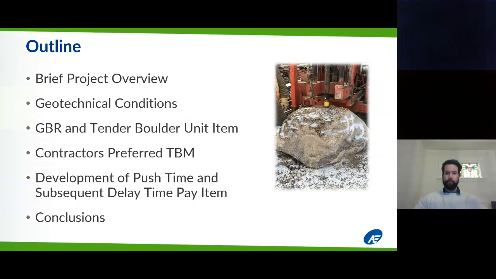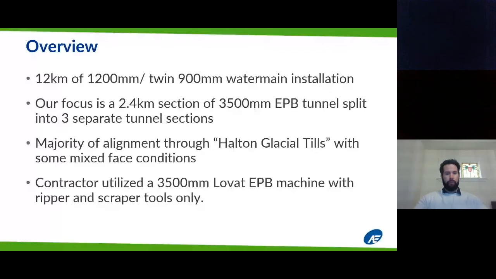So, project overview. The overall project included about 12 kilometers of 1200 millimeter and twin 900 millimeter diameter water mains. This was to be installed by a combination of open cut methodology and a variety of different trenchless methods across this 12-kilometer stretch.